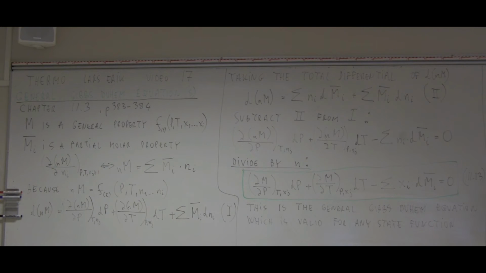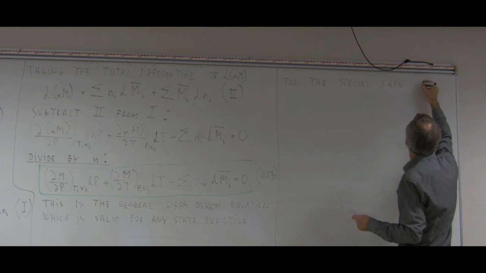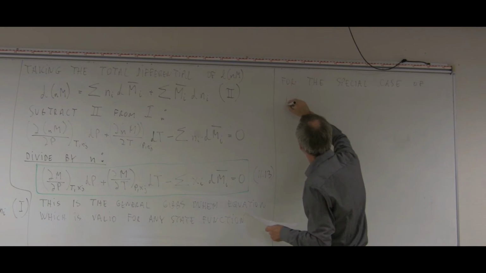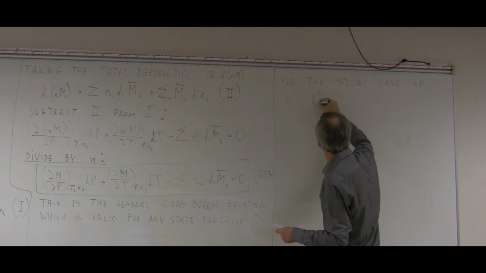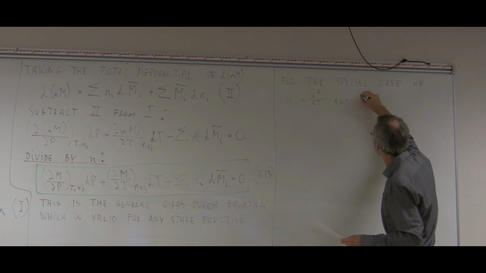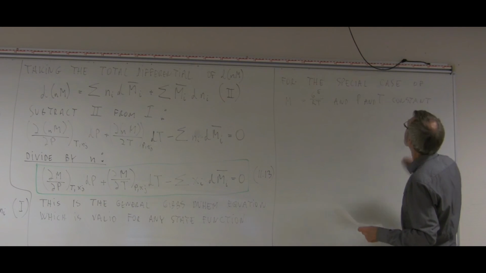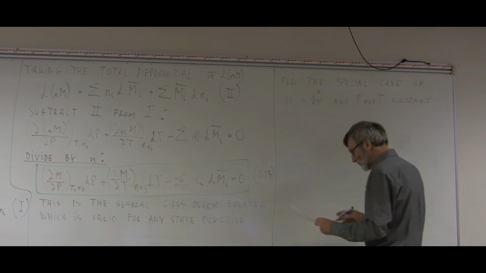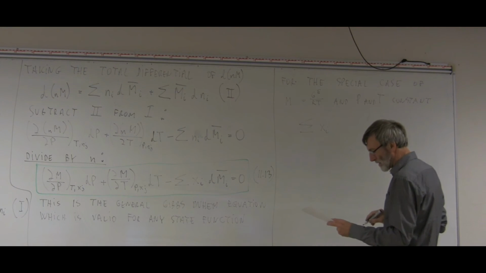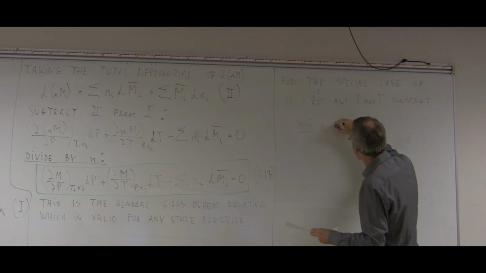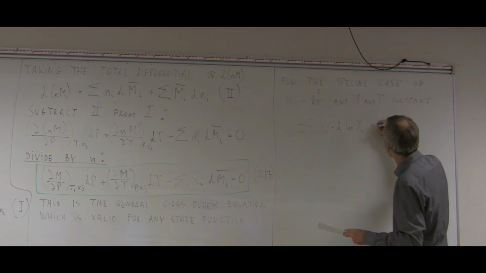For the special case that the property M is G excess over RT, and the pressure and the temperature are constant, then we have the connection that the sum of mole fractions times the change in the logarithm of the activity coefficient should be 0.